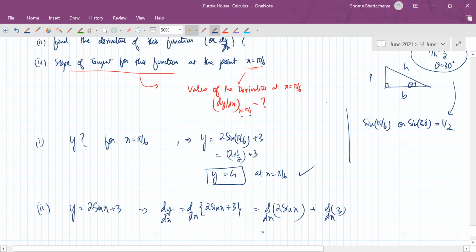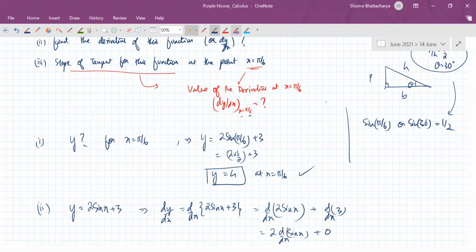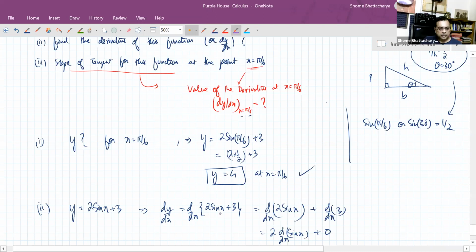There's a plus sign in between, so you have to use the distributive property. But the second term is a constant anyway. So you know that differentiation of a constant will give you 0.